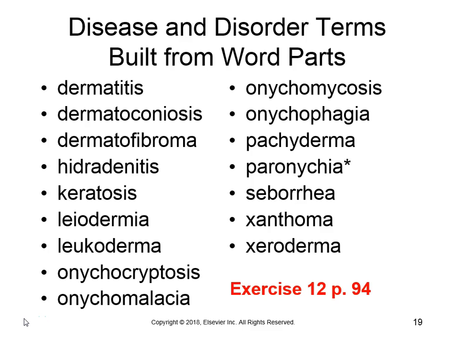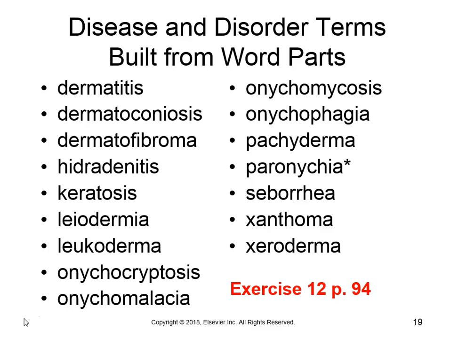Just bringing your attention to a couple of these. I don't really feel like I need to go through every single one because we've gone through the different parts. But we have derma and dermato kind of interchanged in different ones. When you're going to write these words, great if you are 100% certain of which one goes where.